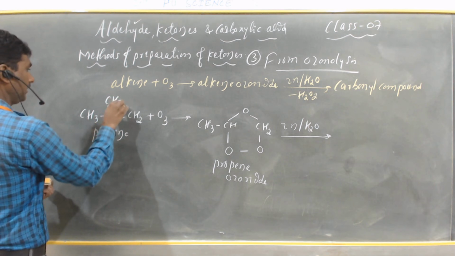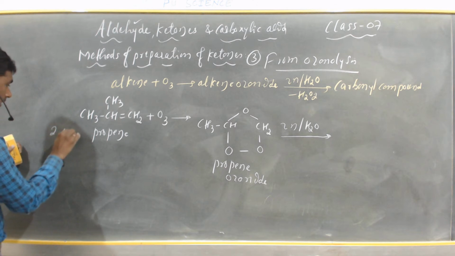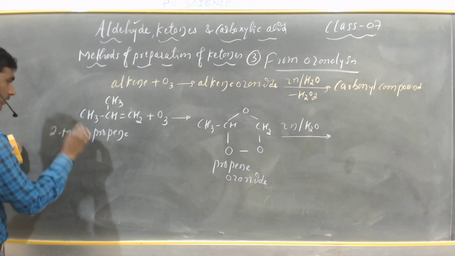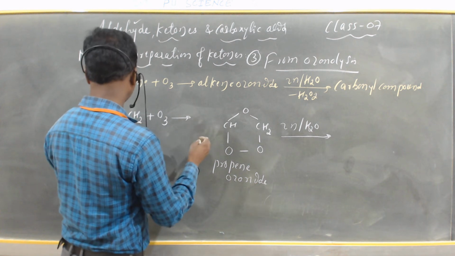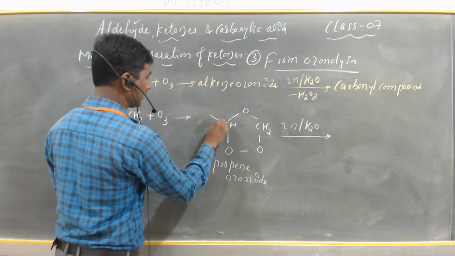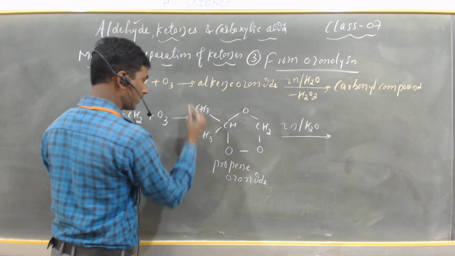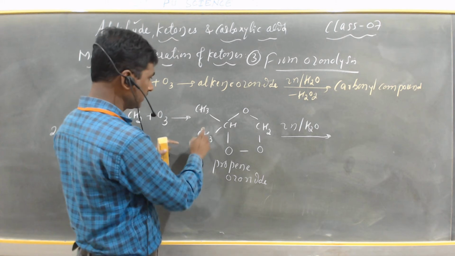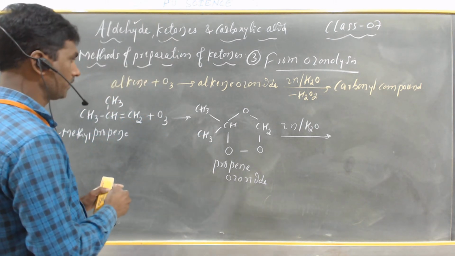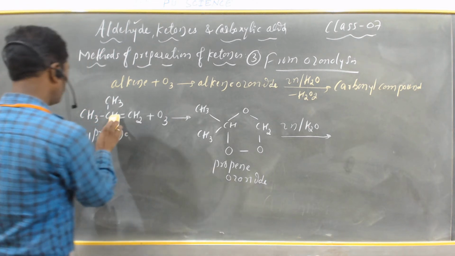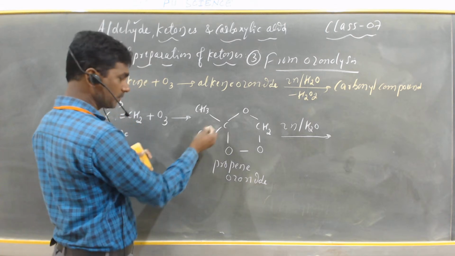This is CH3 and this is CH3. This is 2-methylpropene. What is the product obtained here from this 2-methylpropene?